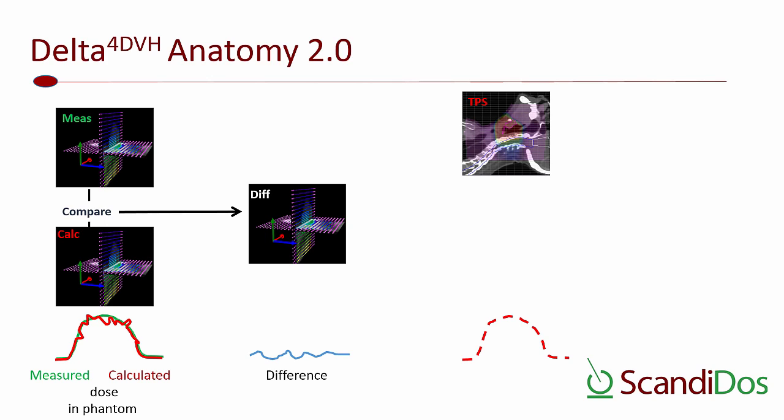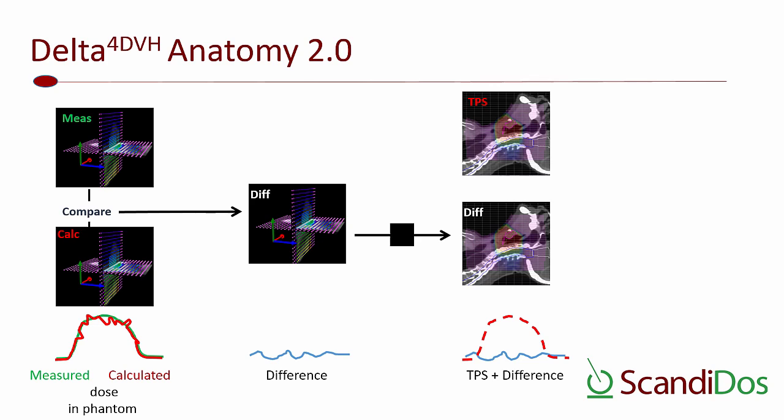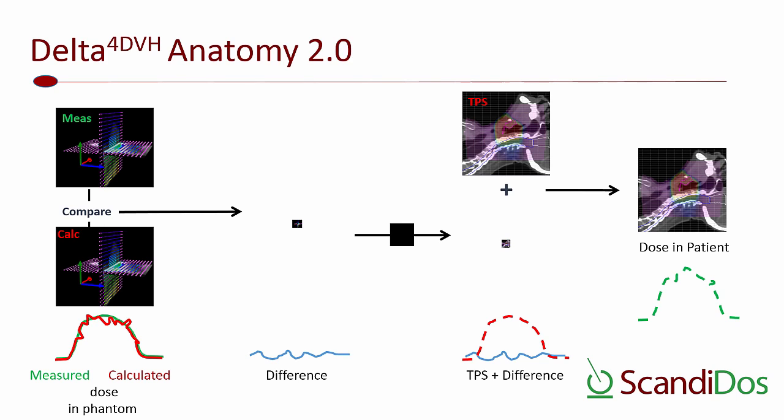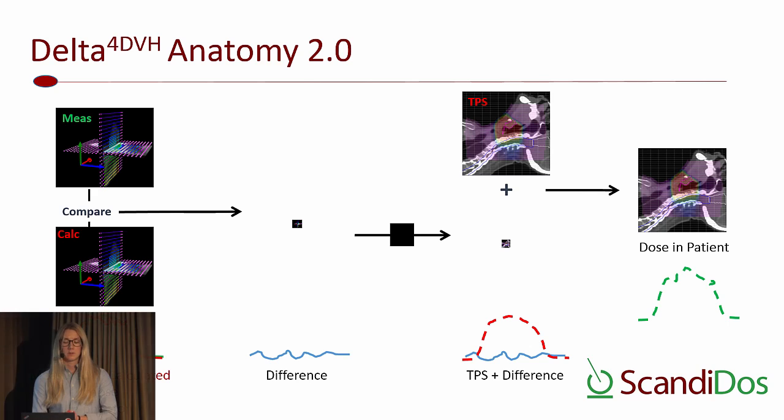So this is like a fluctuation of the difference between the measured and the planned dose. We calculate this difference onto the patient anatomy. And here it's important to keep in mind that this deviation is really small compared to the level of the planned dose. And then finally we add this fluctuation or dose modulation onto the planned dose to get the delivered dose.